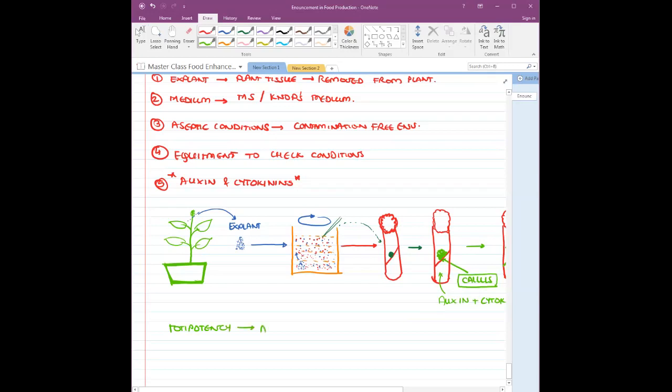This is nothing but the ability of the cells to give rise to an entire organism. So this is totipotency.